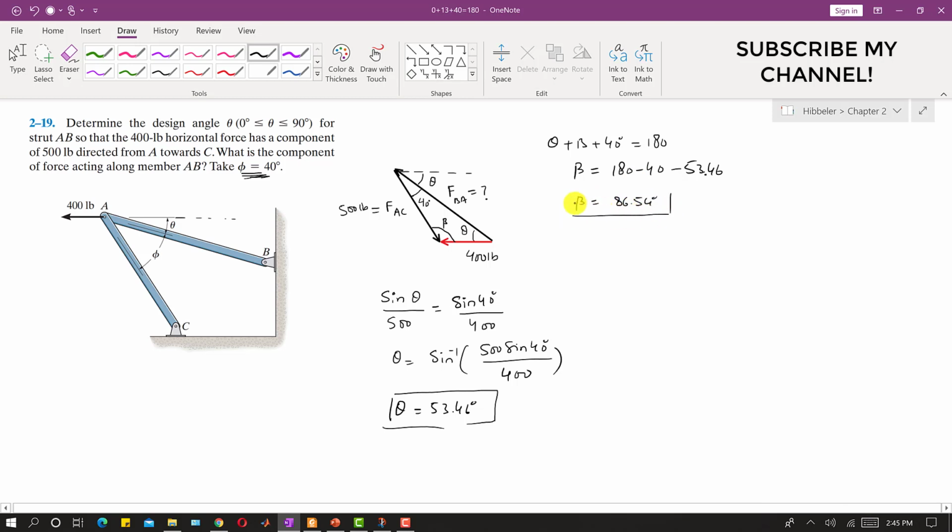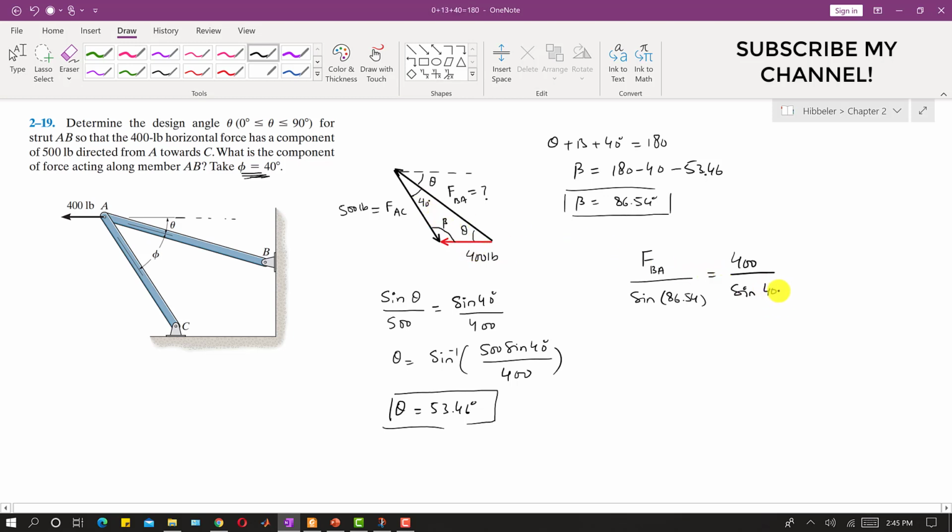So now we know all the three angles, so we can apply the sine law as well, right? So if we apply the sine law, then this will be FBA divided by the sine of the opposite angle, right? So the opposite angle is beta, so we have to write 86.54, which is equal to 400 divided by the sine of the opposite angle. So the opposite angle to 400 is 40, right?